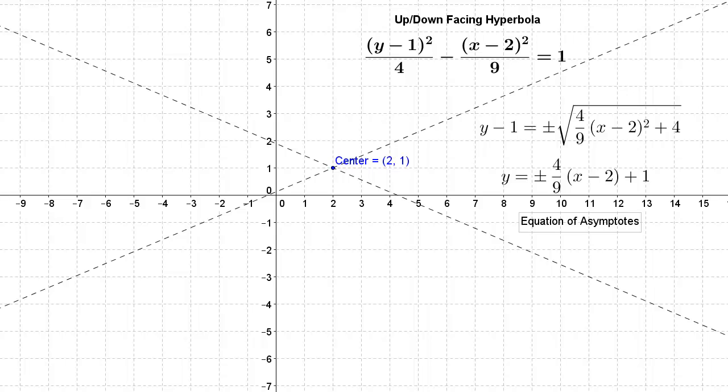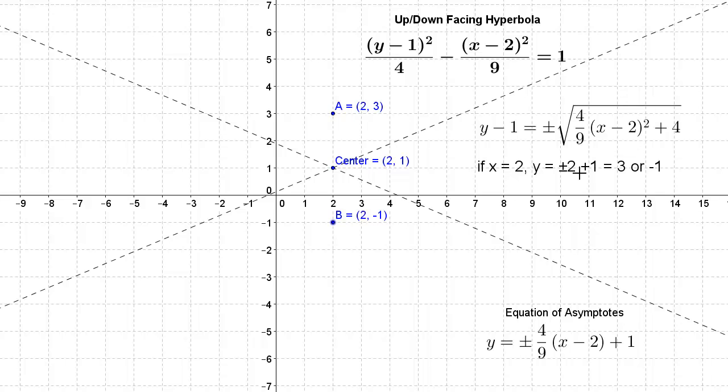And we know it's an up and down facing hyperbola, so really all we need is about 1 point, and then we can sketch the pattern for what it's going to look like. So pick a point that makes the inside part of the radical 0. Let's have x equal 2. If x equals 2, the left-hand part of this radical becomes 0, and we get plus or minus the square root of 4, which is either going to be plus or minus 2, but don't forget we have to add 1.